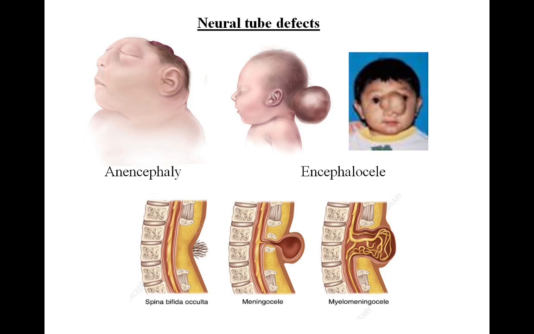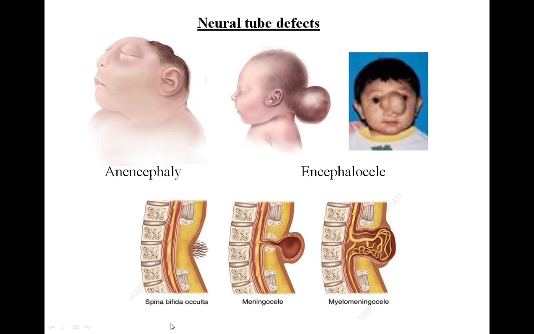So if there is a family history or past history of neural tube defect, then folic acid tablets of 400 micrograms can be given before conception, and it should be continued throughout the pregnancy and after conception. So it can be prevented by taking folic acid.